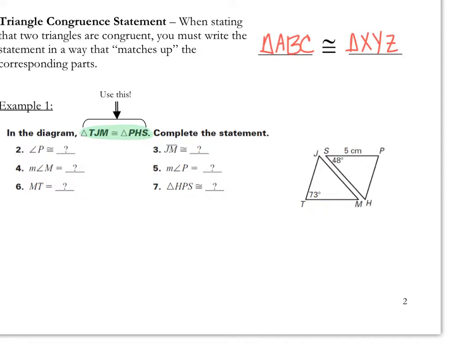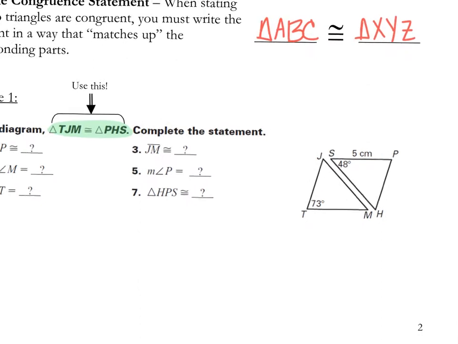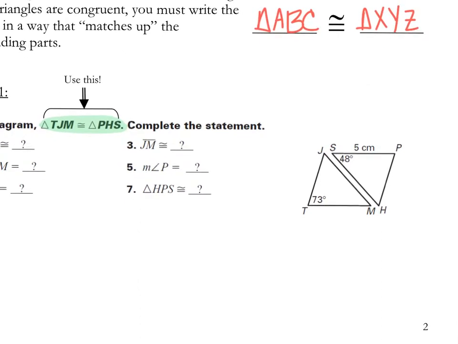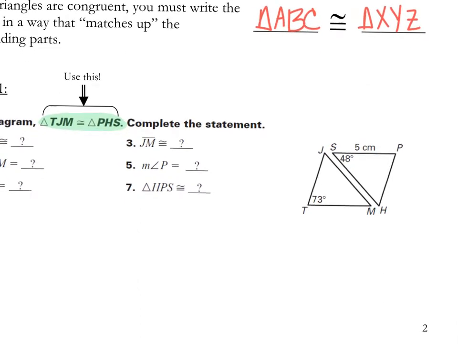So if I look at T is congruent to P, and then J is congruent to H, and how I'm finding these is it is in the first position, and then the second position, and then the third position. 3, and then this is 3.